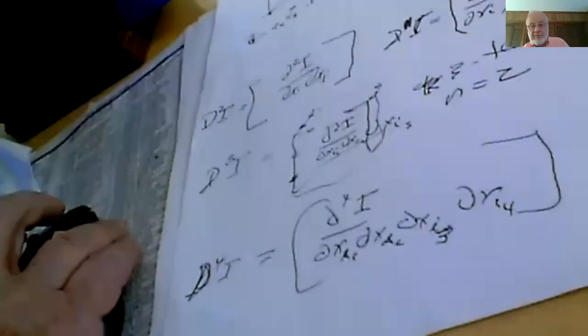Okay, you will see this better if I go back to my previous page from the camera. Let's look at the 3 tensor. It's a 2 by 2 by 2 array if we're talking about 2-dimensional images. If we're going to multiply by 3 vectors, v1, v2, v3, then we're going to multiply by v1 as a column vector.